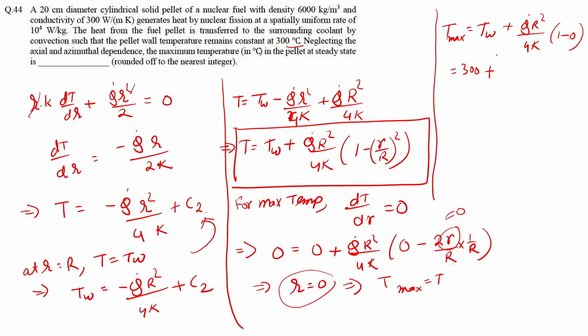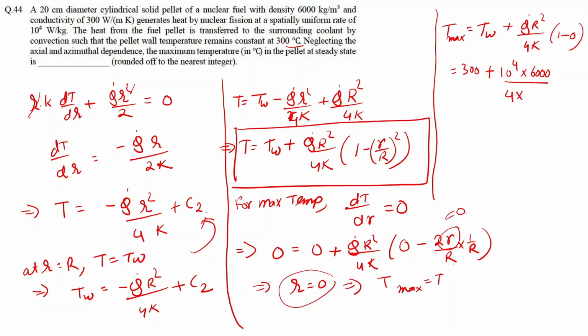So yes, let's just write it. Now this I need to change into suitable units, so I will just multiply it by the density, 10 raised to 4 into 6000, upon 4 into k.